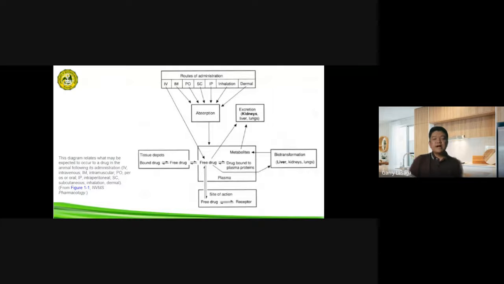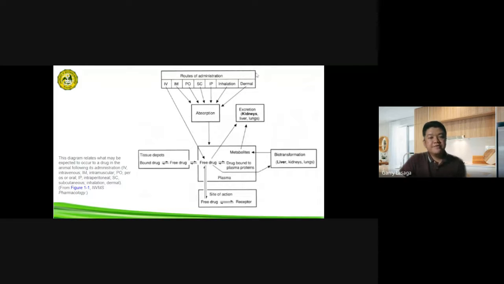So before we tackle the absorption of the drugs and the different mechanisms whereby drugs are being transported across the cell membrane, we have to consider the different routes of administration that the drug undergoes before it will be absorbed in the body.